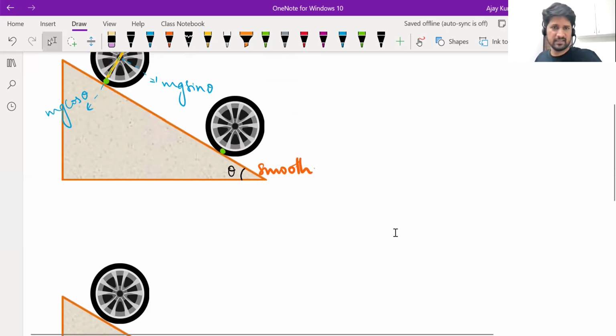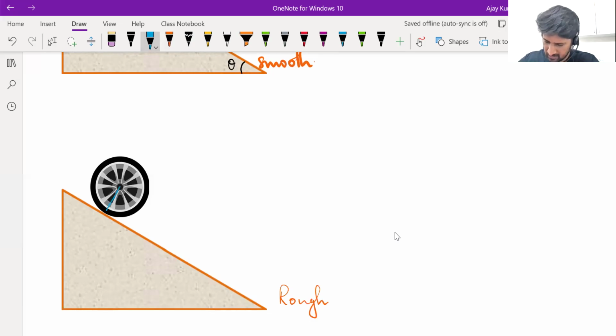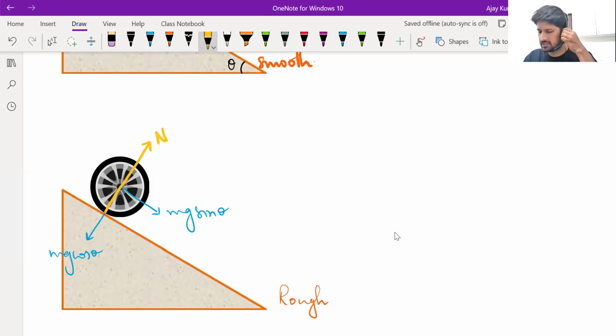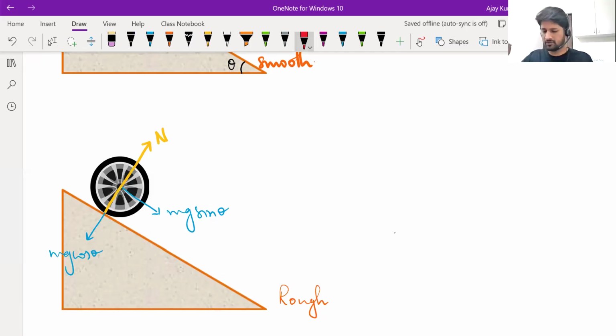So to prevent that skidding or sliding, friction will have to act. The other forces will be acting in the same manner: mg cos theta, mg sin theta, normal force. Now, if it's a rough surface, friction will also act. Friction has to prevent sliding of the point of contact. The point of contact has a tendency to slide down the incline. Therefore, friction acts up the incline like this.